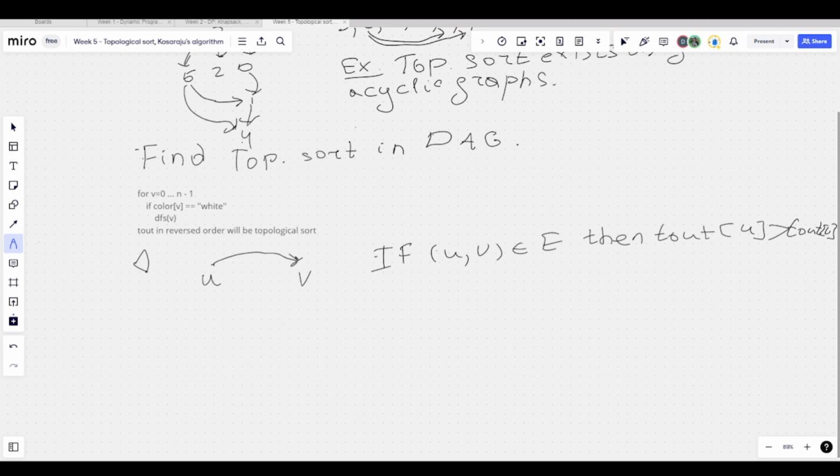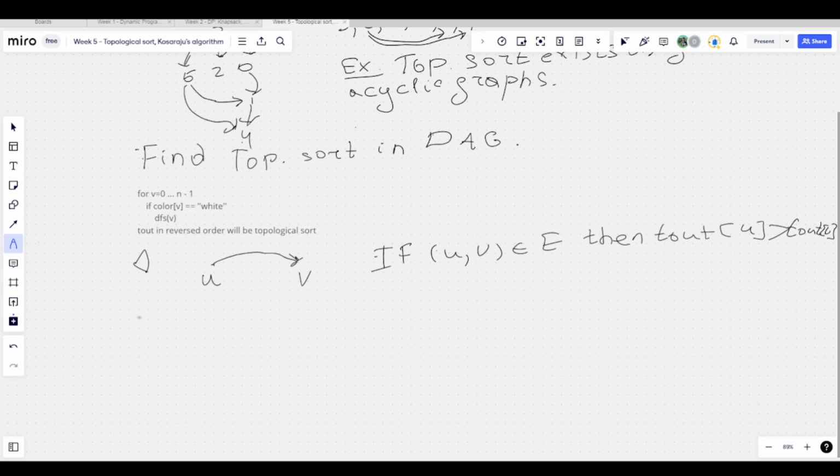If we deal with proofs with DFS, we consider T out and T in.